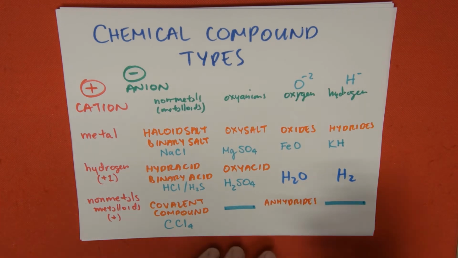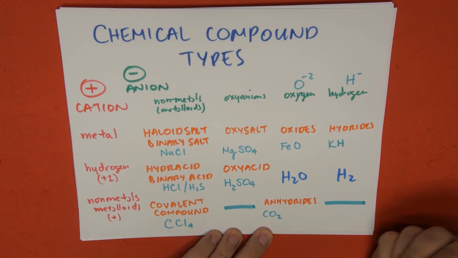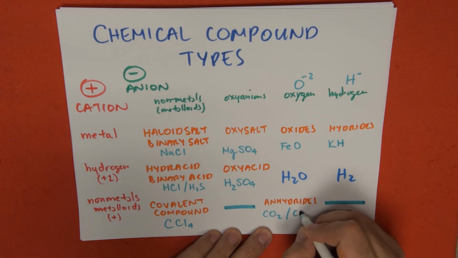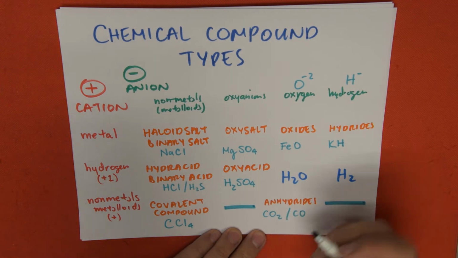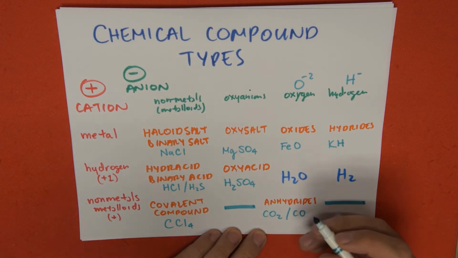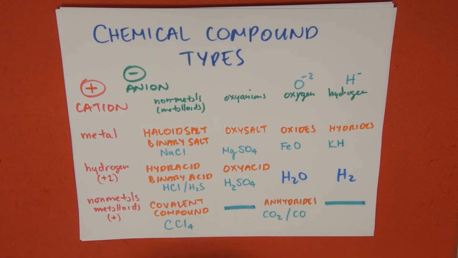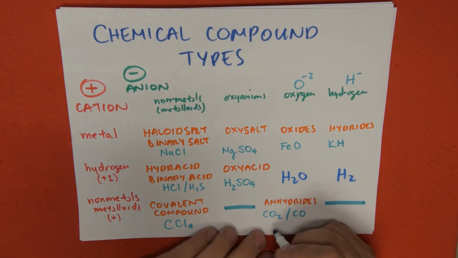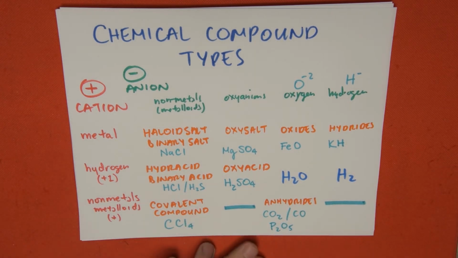A very simple example would be the world famous carbon dioxide, carbon oxide, or maybe something with phosphorus. Phosphorus can have a valence of +5, so we can have diphosphorus pentoxide as an example.